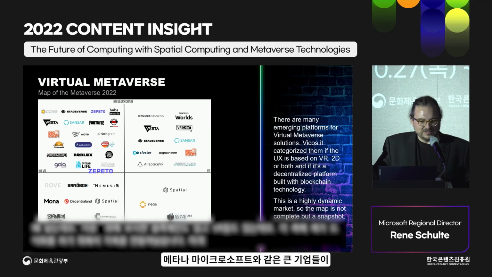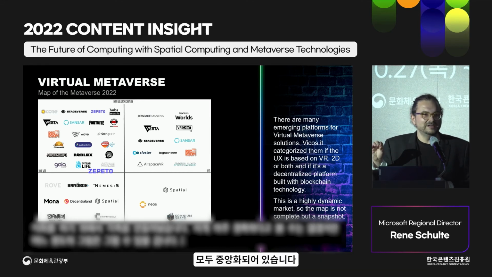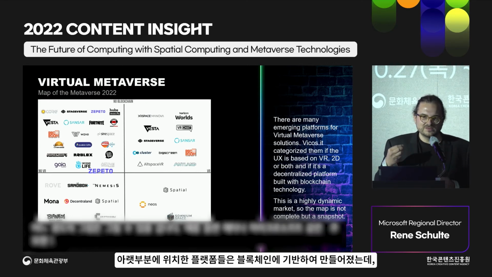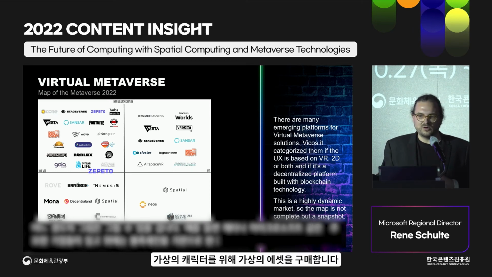If you look closely, you see Horizon Worlds, VRChat, and AltSpace. All the big vendors and big platforms like Meta and Microsoft are building centralized platforms, right? At the bottom, you see all the ones built on the promise of the blockchain, where you can do asset transfer as a blockchain transaction.